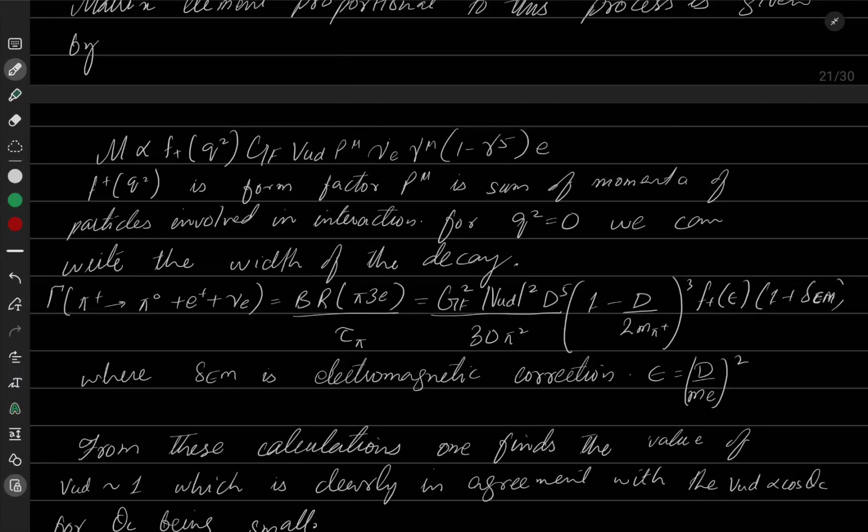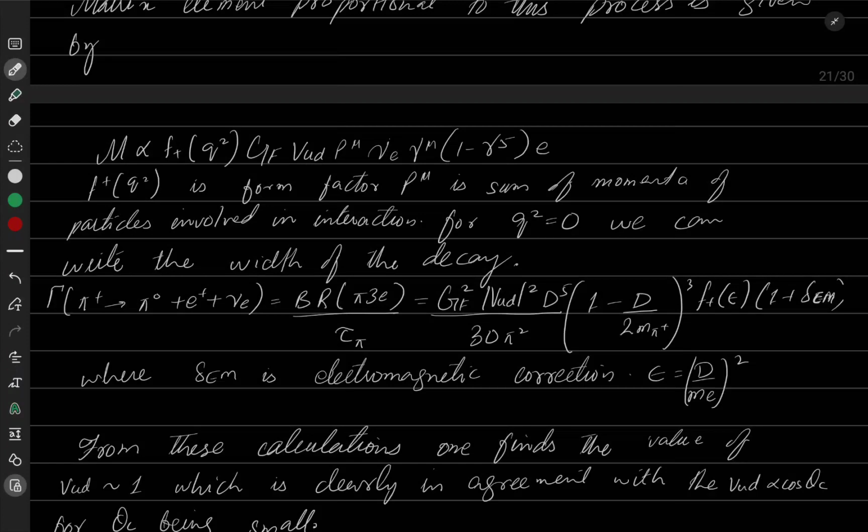And electromagnetic corrections are very important, as we see in the Z line shape. If we don't include the electromagnetic corrections, then we will have a totally different result that will not be comparable with the theoretical results.